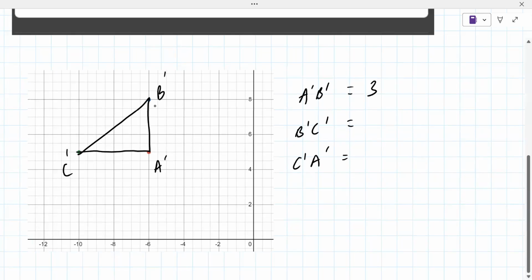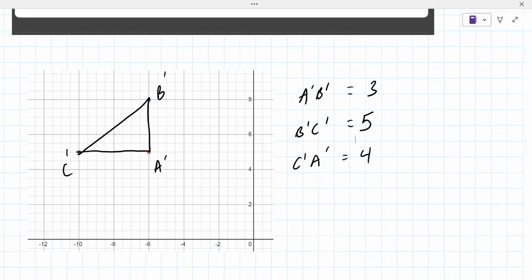That's 3, and then straight to the left, that's 2. Okay, and then this last one requires what's called the Pythagorean theorem. You're going up 3. I'm sorry, this is 4. This is a 4, not a 3. So it ends up being that this is 5 right there.